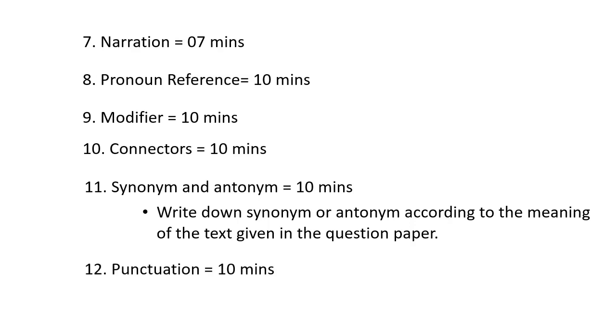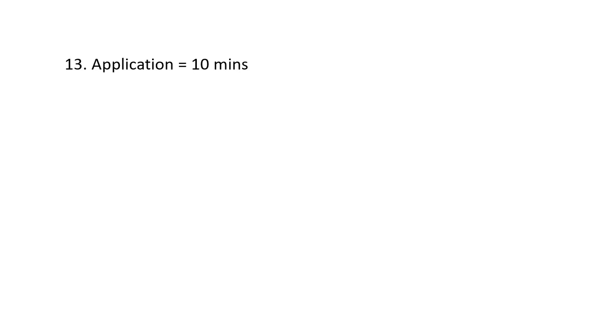Number 12, punctuation, 10 minutes, and you have a total of 95 minutes for grammar. So 180 minutes minus 95 minutes equals 85 minutes left for your creative writing part. Number 13, application, 10 minutes. Number 14, report writing, 20 minutes.